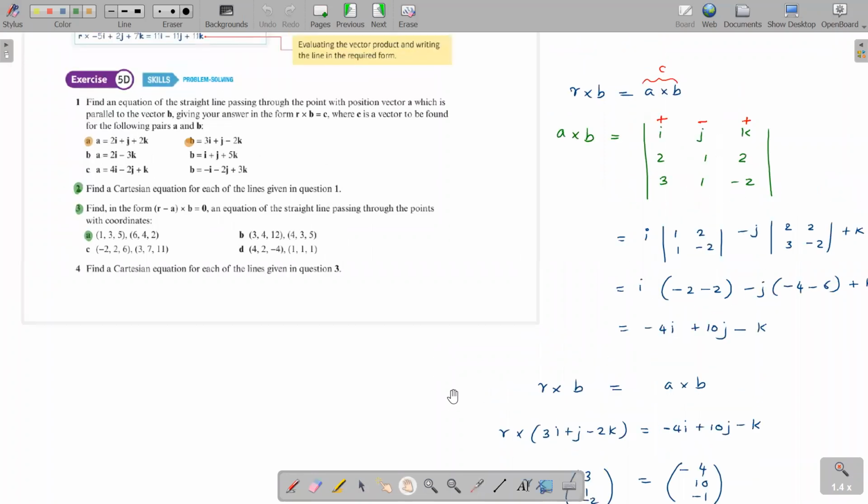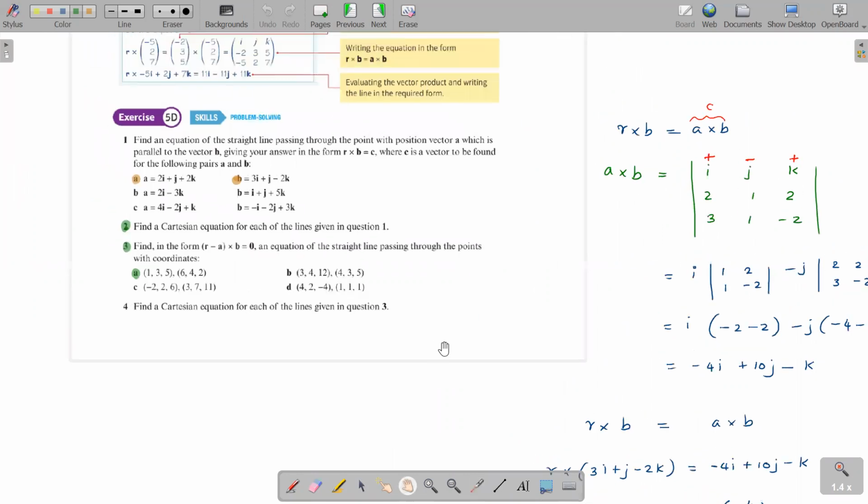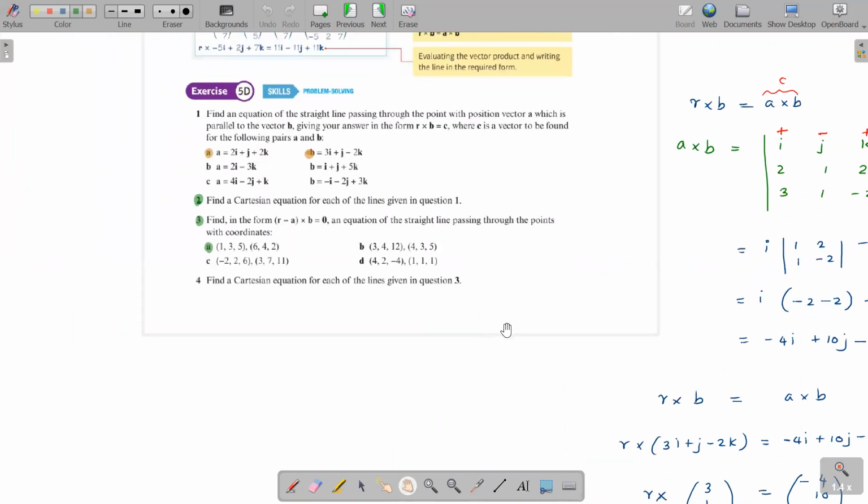So coming back to exercise 5D, question number 2. They say, find a Cartesian equation for each of the lines given in question 1. I'll do the first line given in question 1. We already found the vector equation using the cross product. So this time we are going to find the Cartesian equation.